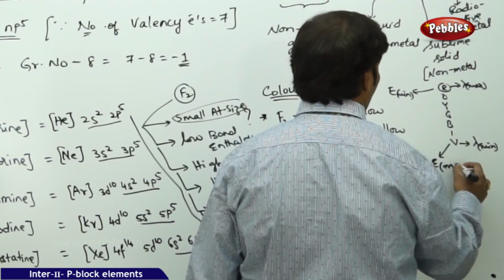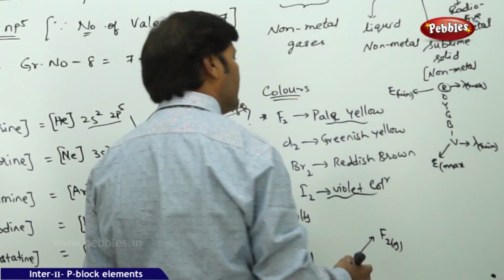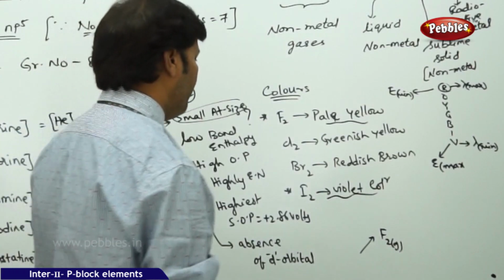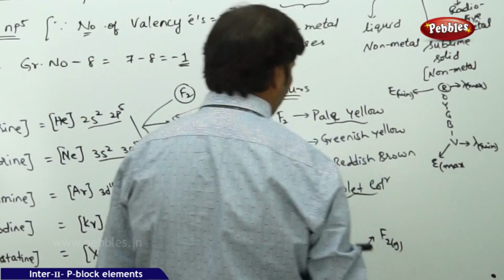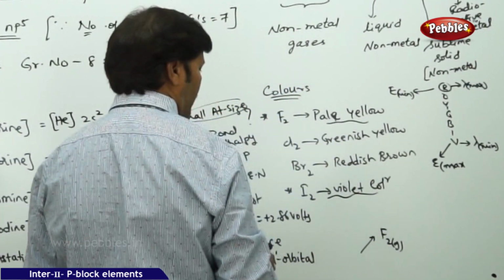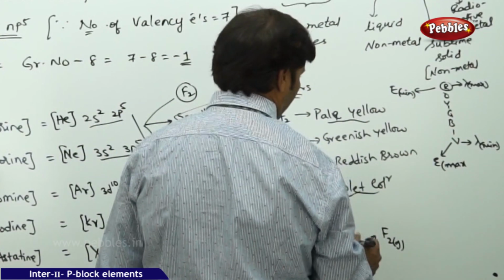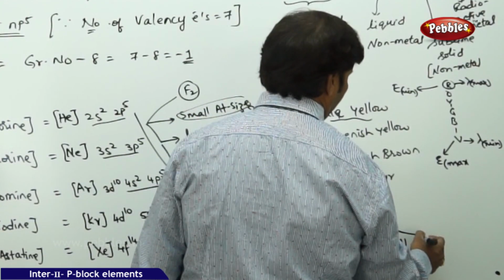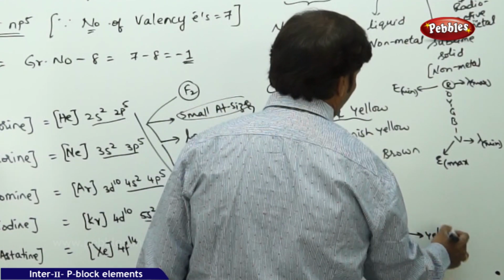Fluorine, because of its small size, absorbs the higher energy radiation. But it gives yellow color, because yellow is the complementary color.